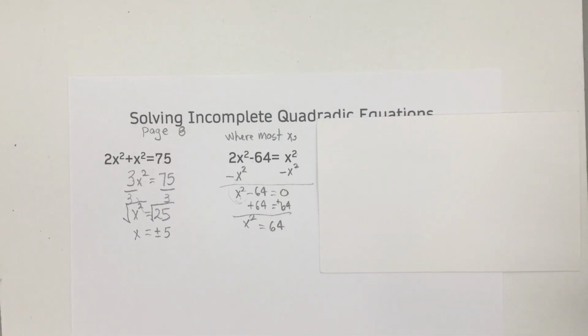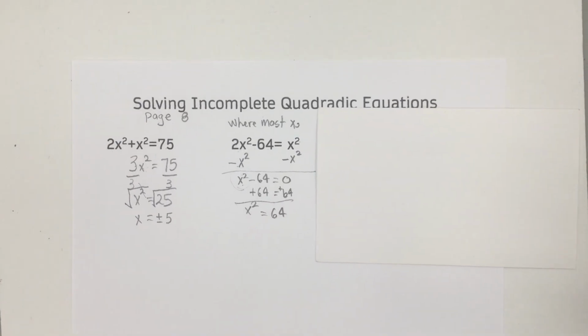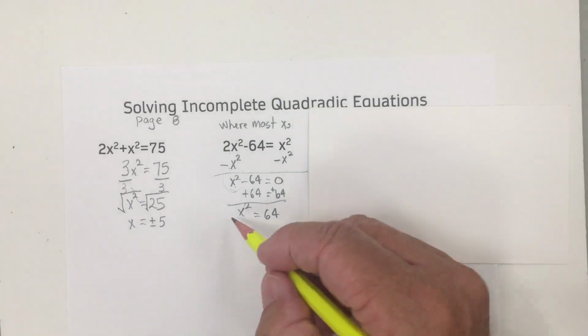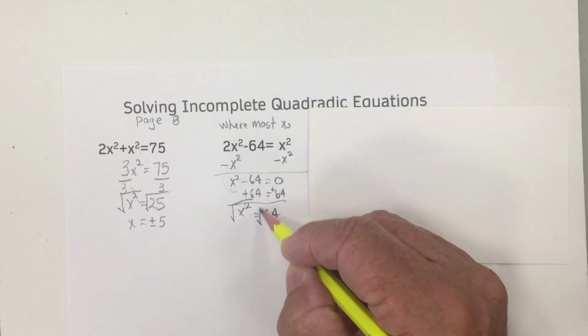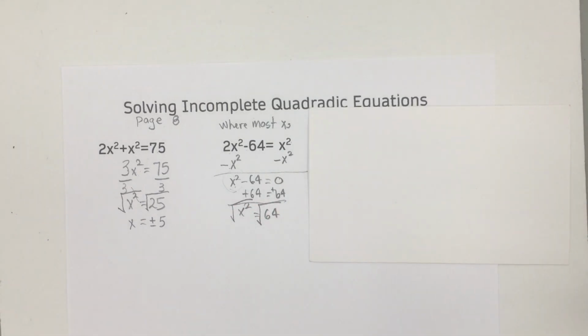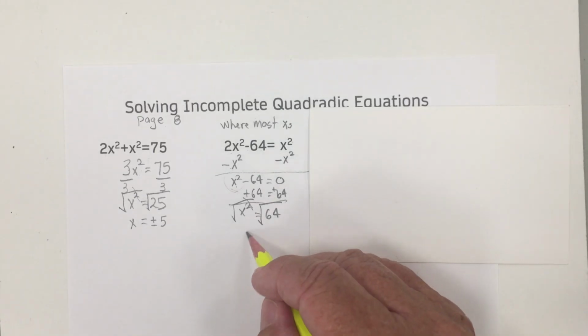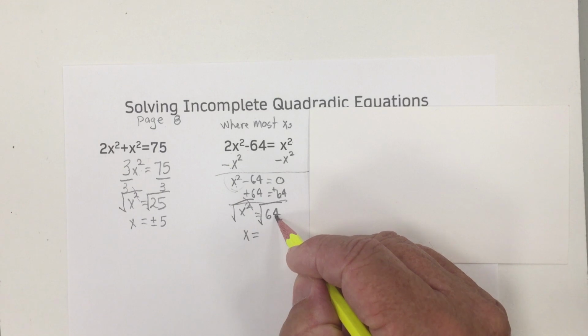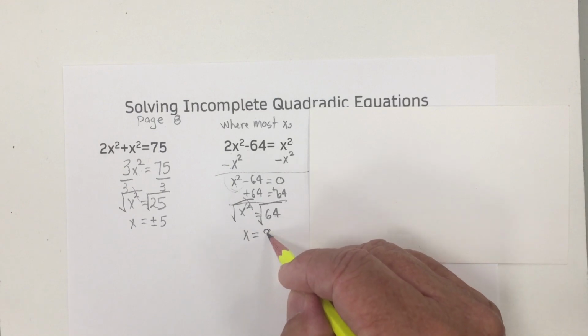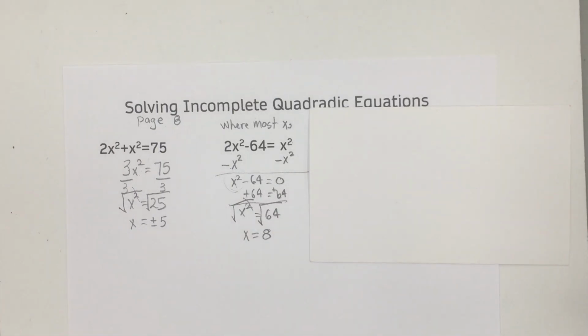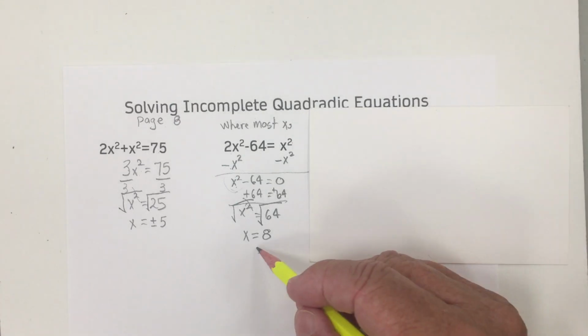How do we get rid of the square? Well, that's easy enough. All we have to do is square root both sides. And we're lucky that we have a perfect square in 64. So these guys cancel out. X equals the square root of 64, which is 8. So we have our answer here.